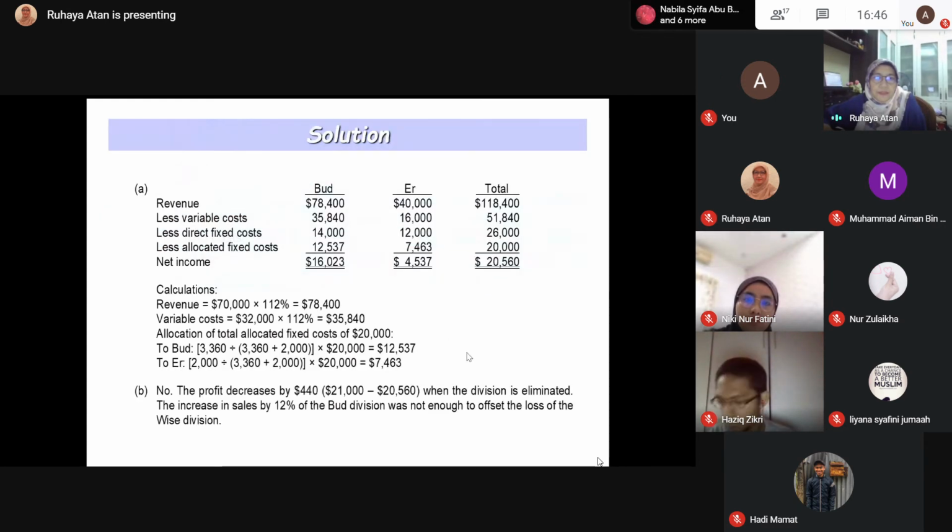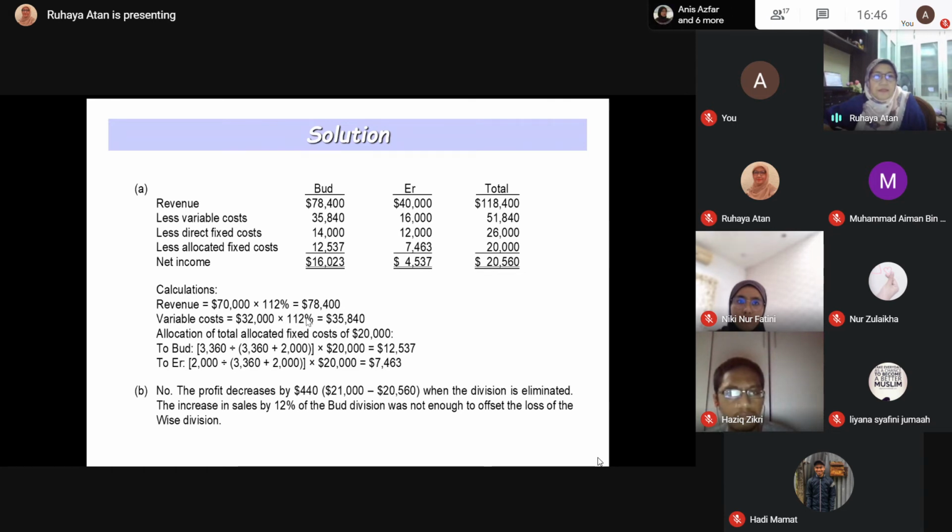All right. So here we show that if Weiss division is closed, you find that Bud's revenue will increase slightly. Okay. And then the variable cost. Remember, variable cost varies with the number of sales you make.